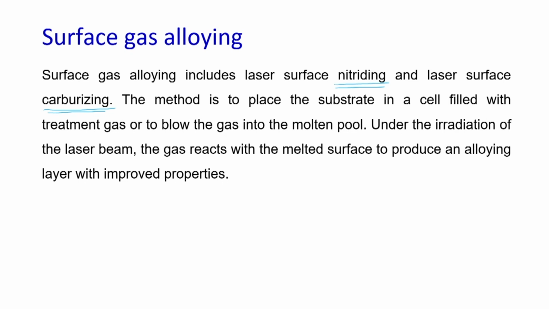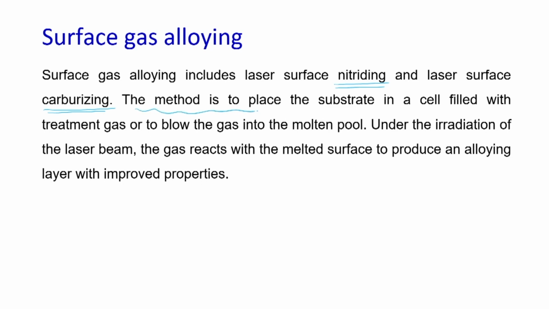So, when the laser beam energy is interacting with the substrate material, during the process of the interaction, the particles which are there in the form of gases will get deposited on the substrate material. In that way we are depositing the particles present in the form of gas on the substrate material during the laser surface processing, that we call the surface gas alloying.